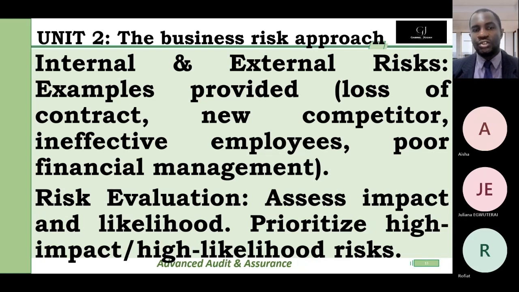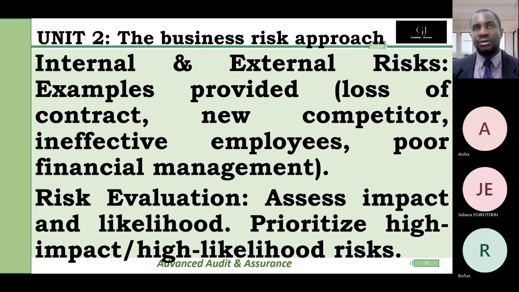A new competitor coming to share the market with your client is also a major risk. Ineffective employees who are not trained or not qualified is another internal risk. And poor financial management are also internal risks that could affect the preparation of financial statements and the overall strategy. So these risks need to be assessed when we are auditing the client.